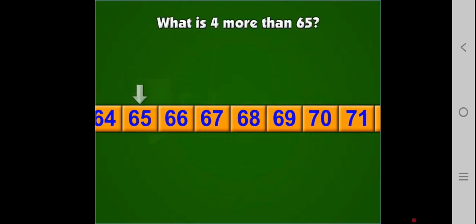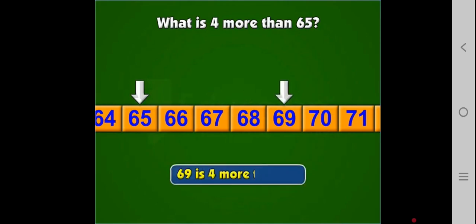Let's take another number. What number is 4 more than 65? 69 is 4 more than 65. Again on the counting tape, we can see that 69 is greater than 65.